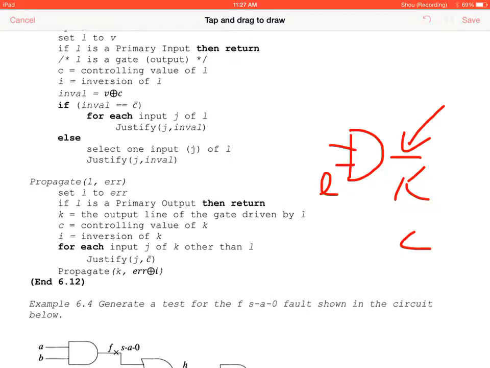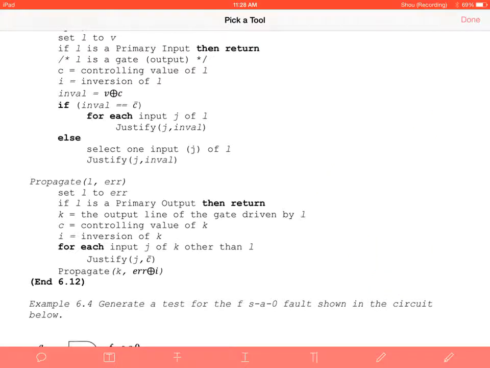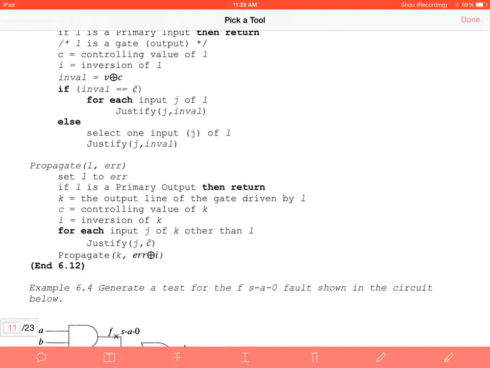C is the controlling value of K. So if it's an AND gate, it's going to be 1. If it's an OR gate, it's going to be 0. And then K is going to be the inversion of that value. And then for each input J of K other than L, we're going to call justify again. Because if we haven't propagated to a primary output, that means we have another gate.